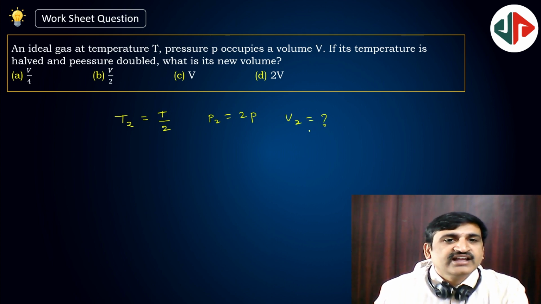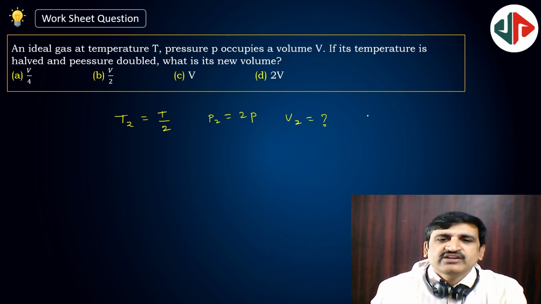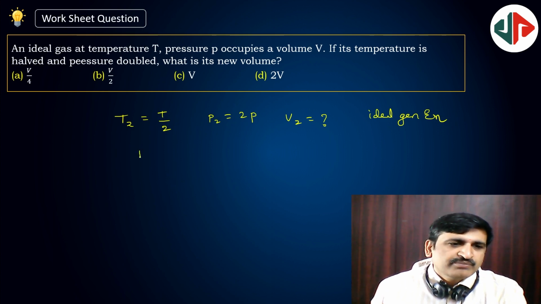Using the ideal gas equation. What is the ideal gas equation? P1 V1 by T1 is equal to P2 V2 by T2.